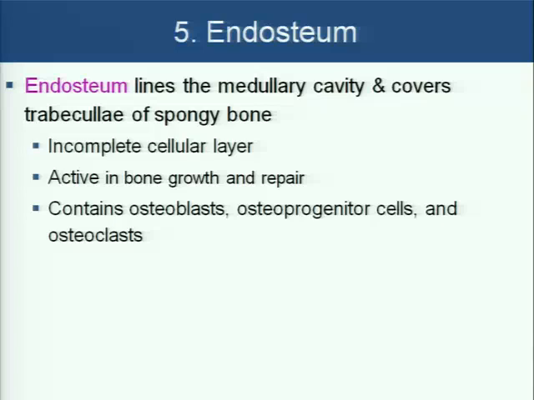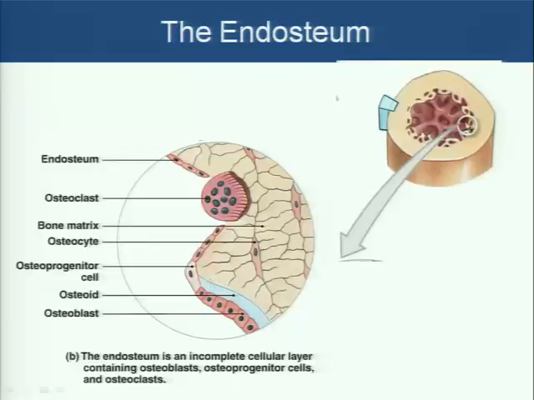You have osteoclasts that hang out in there too, which are very active in bone growth. So we're looking right in here to the inside. Here's the endosteum, here's a progenitor cell, and here's a big old monster osteoclast. You know what they look like? The little ghost from Pac-Man.